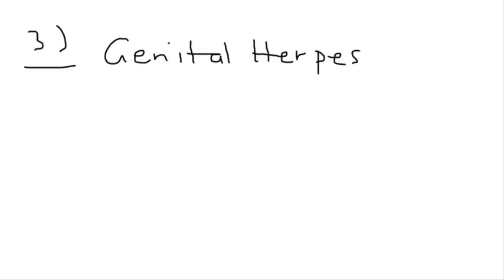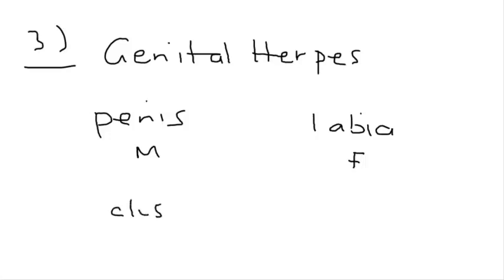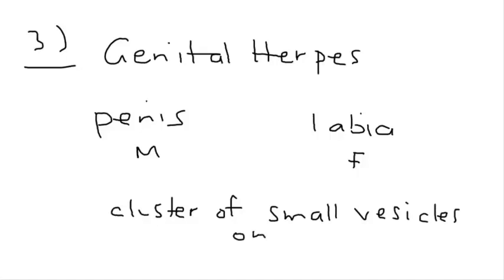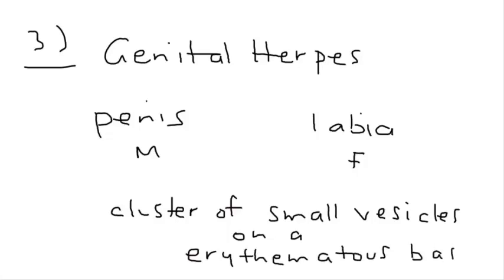And basically what you have is on either the penis in a man or the labia in a female, very similar vesicles, which is the cluster of small vesicles on an erythematous base. So very similar to the previous description, but this time it's appearing in the genital area.